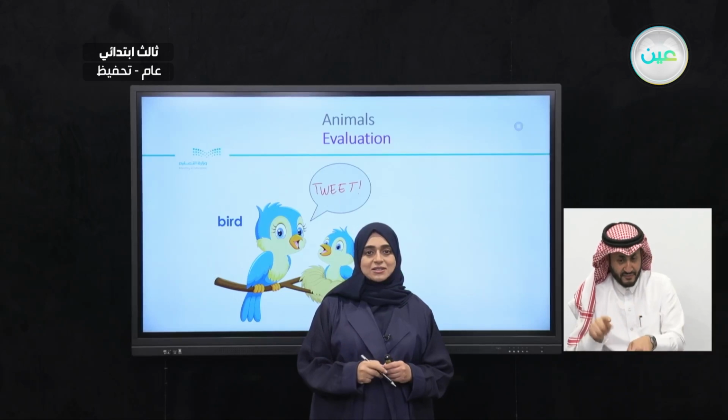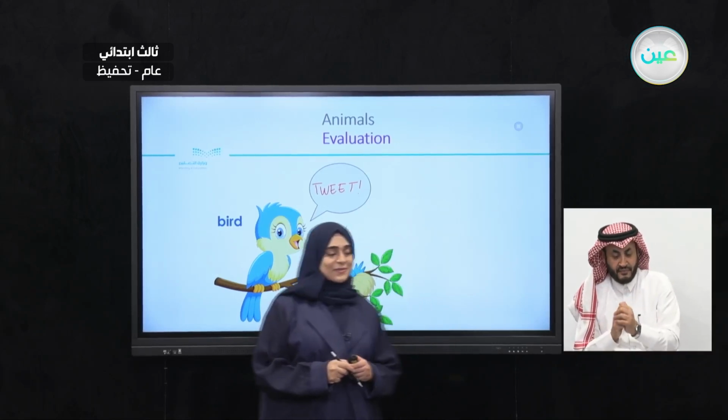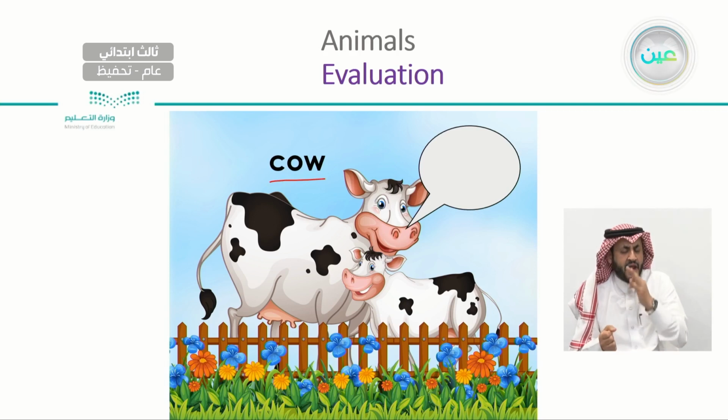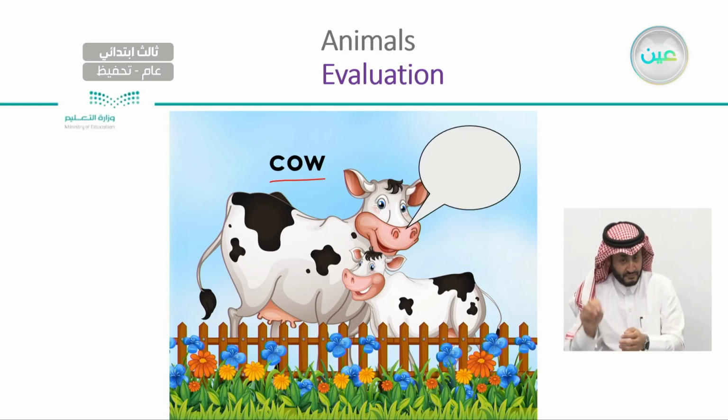The other one is chirp, right? Chirp. Excellent. Next we have cow. What sound does a cow make? Just like the chant? Moo. Excellent. M-O-O exclamation mark.